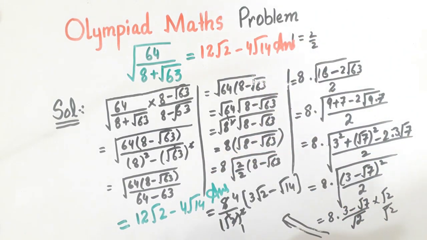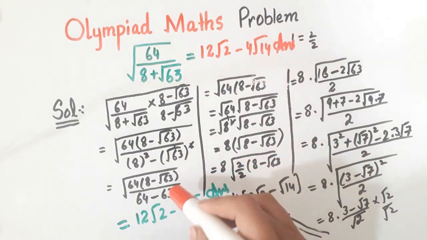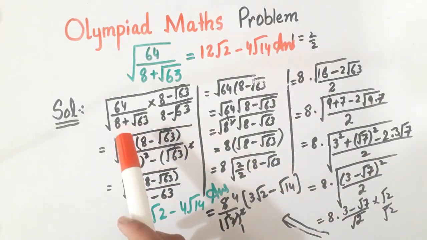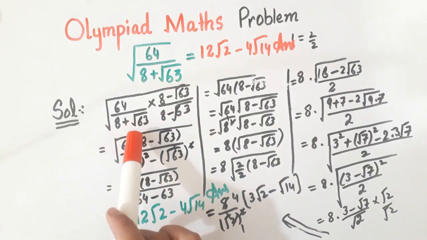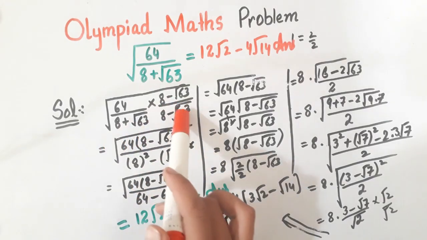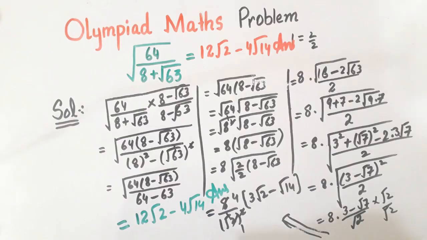In this question we have just done first of all the rationalization. Rationalization is multiplying and dividing by the conjugate of this, that is 8 plus square root 63, multiply and divide by 8 minus square root of 63. After this we will make a trick here, that multiply and divide by 2 and 2. Why we have multiplied this?